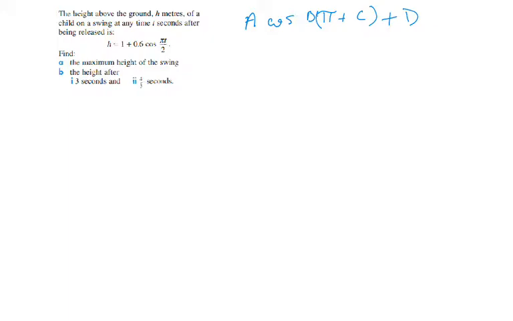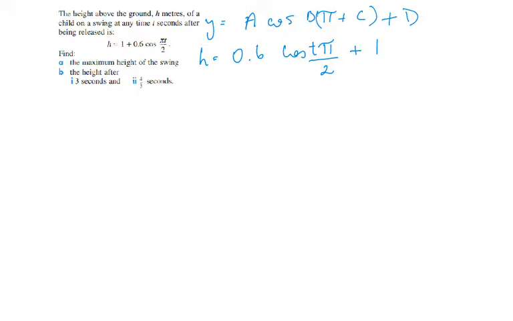So if you have a look at this function, we've got our 0.6, so we've got 0.6 for our a value. We have cos of pi. Now if I put the t on this side, t on 2, we've got no c value, and then we have our plus 1. Now this is the way that we would normally expect to see our function written.